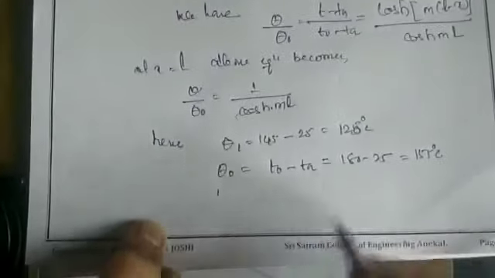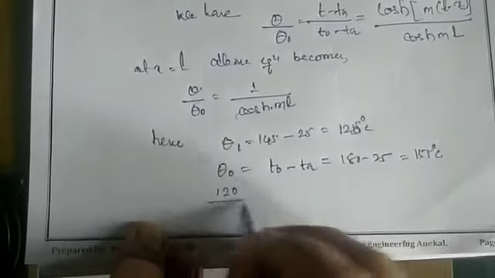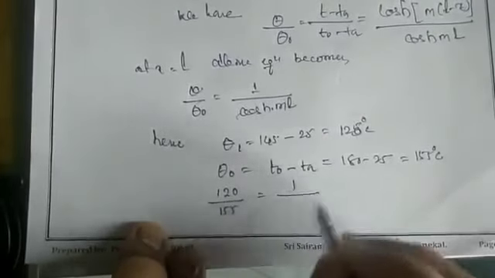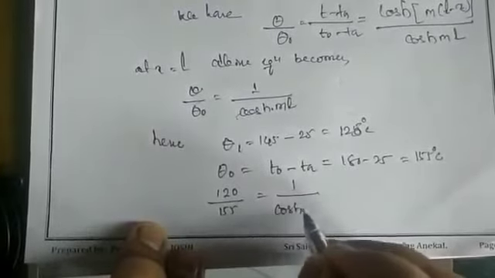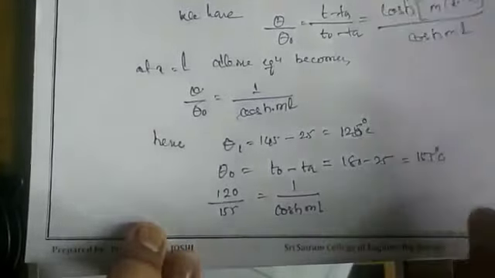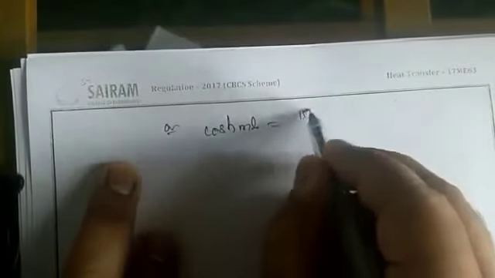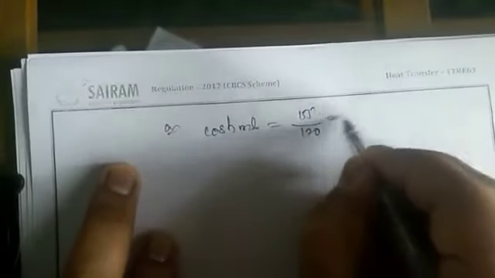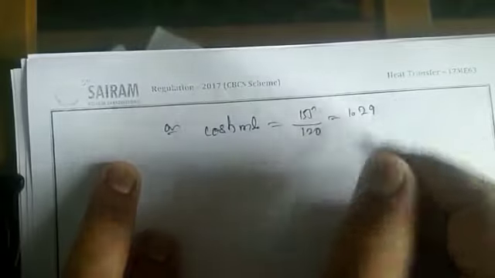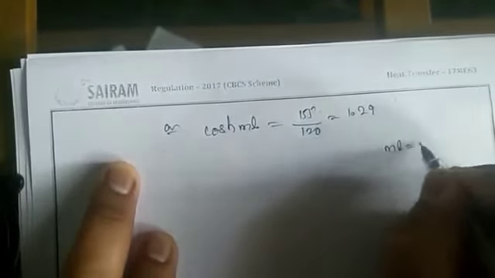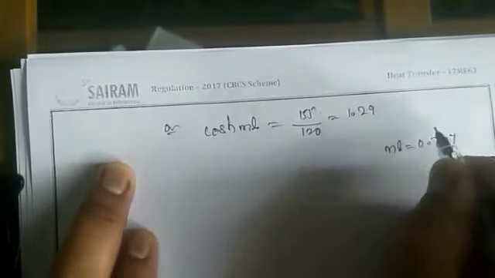So we can write 120 divided by 155 equals 1 divided by cos hyperbolic mL. Or we can write cos hyperbolic mL is 155 divided by 120, 1.29. Here mL is equal to 0.747.